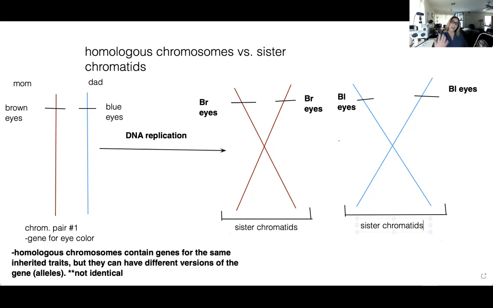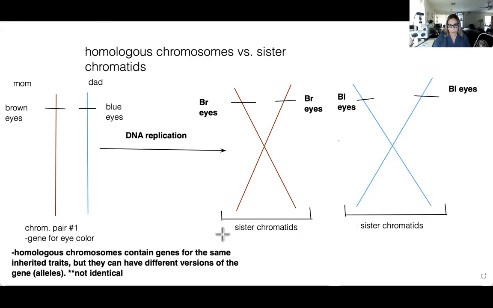They have the same inherited traits that are coded for on the sister chromatids, the same version. Brown eyes for the reds, blue eyes for the blues. Sister chromatids are identical. Homologous chromosomes are not identical. They code for the same trait, but you could have different versions, or alleles.